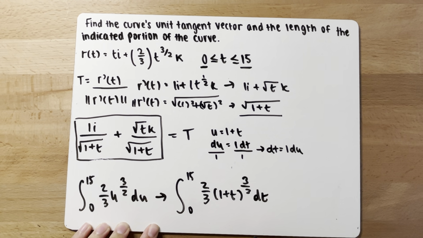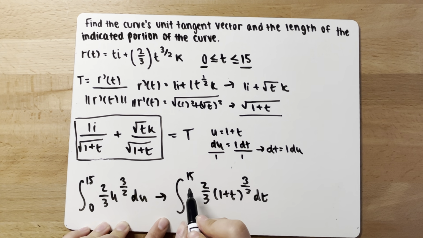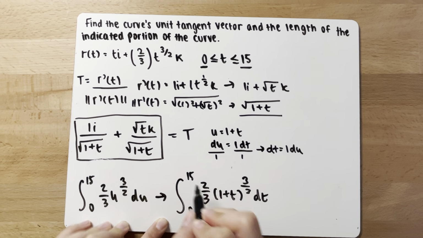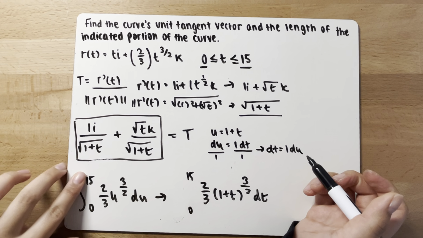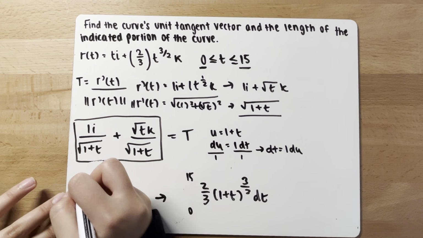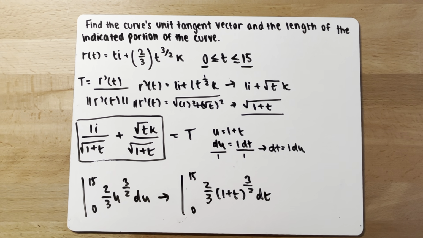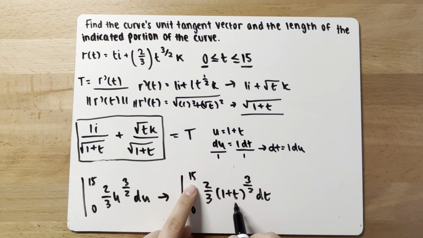Now, all we need to do is to substitute 15. We don't need the integral sign because we already integrated. So, my bad, it should be this. Substitute 15 into t.